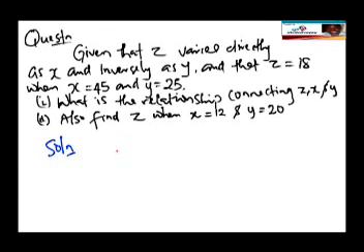According to our question, it says z varies directly as x, so direct variation is always linear, and inversely as y. For inverse variation it is a reciprocal, 1 over. So you see that these two things are combined together.